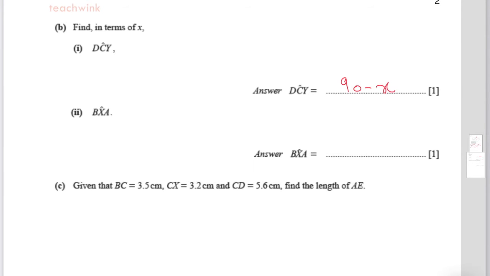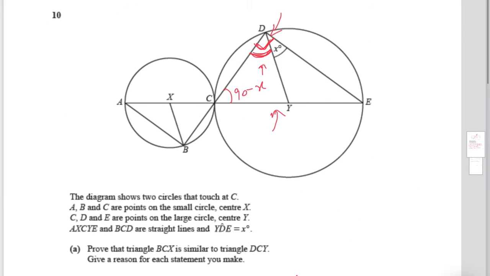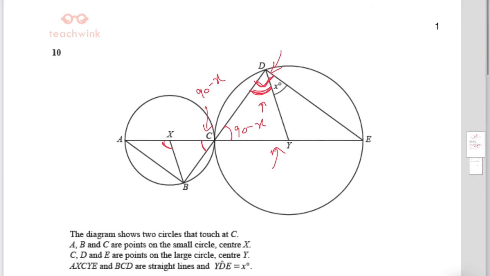Okay, the next part says angle BXA. Which one is that? Now we do have this angle, this is 90 minus x. According to another circle property, this angle right here is twice this angle right here. That means if you multiply BCX by 2, we would get BXA.